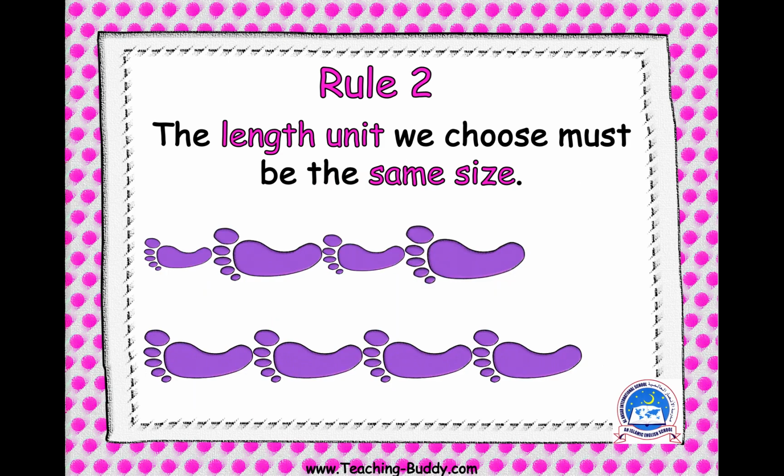The next thing is it has to be the same size. So we can't use a big foot and a small foot, and your mom's foot and your foot. No, it has to be only your foot or only your mom's foot, or maybe even your dad's foot, but only one size foot. We have to use the same size.